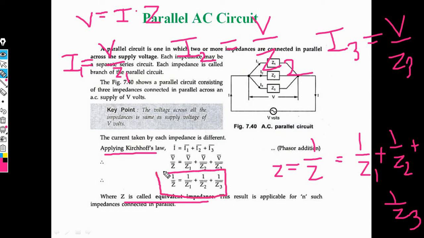That is, 1 upon Z is equal to 1 upon Z1 plus 1 upon Z2 plus 1 upon Z3. Z is the equivalent impedance, and impedance is measured in ohm.